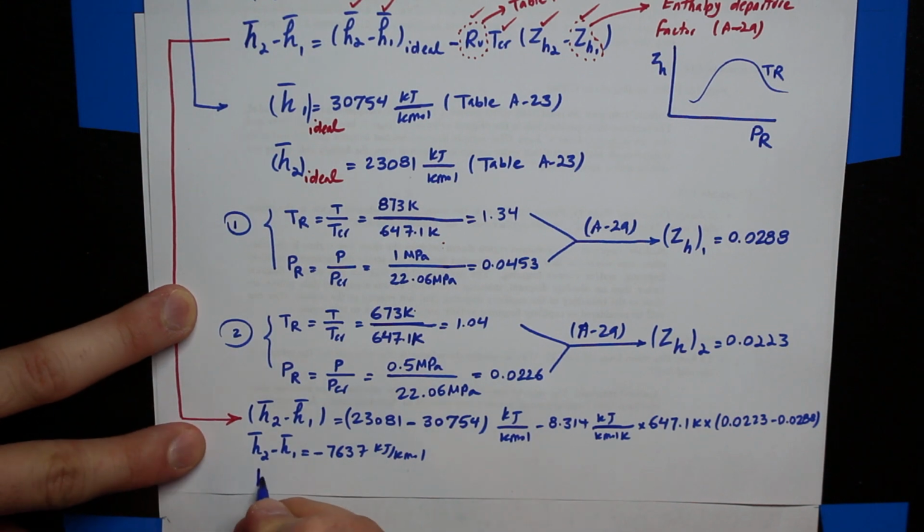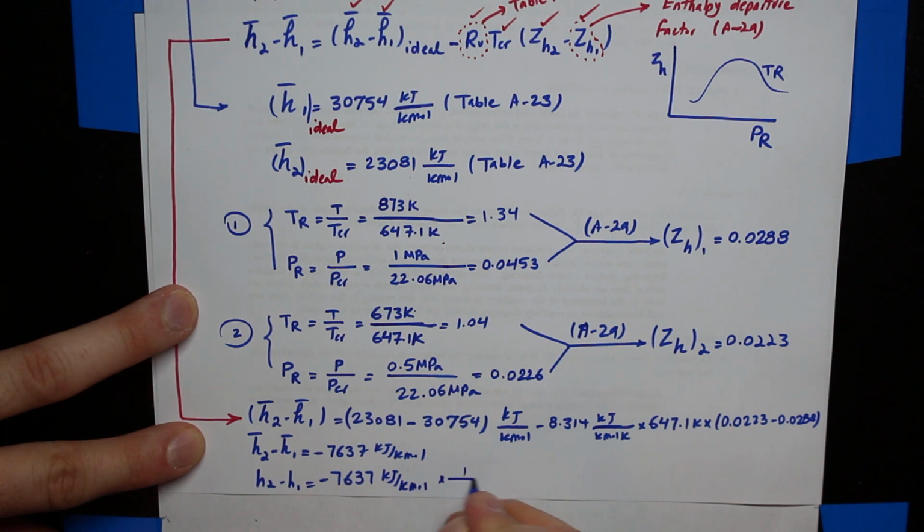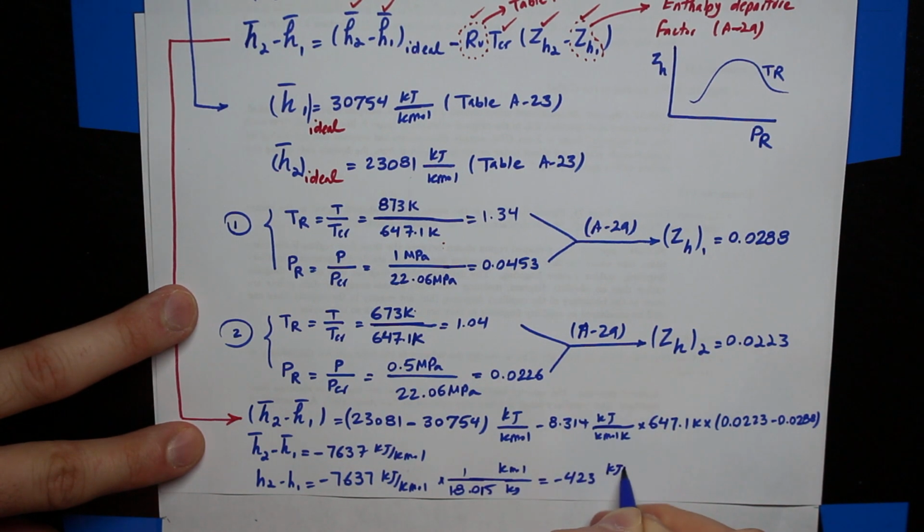So that will give you H2 minus H1 equal to negative 7637 kilojoule per kilomole multiplied by 1 over 18.015 kilogram per kilomole. Okay, and that will be negative 423 kilojoule per kilogram.